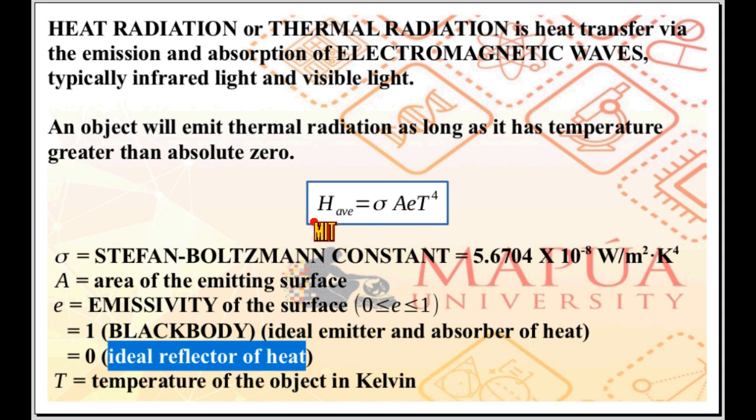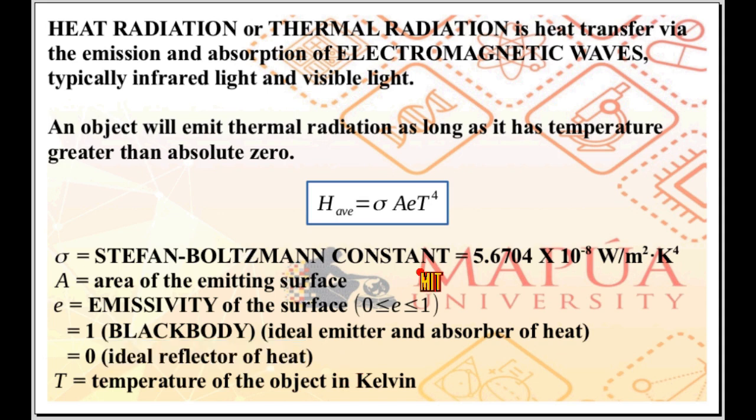The object is not emitting any radiation, and any radiation that is incident on the surface of the object will simply bounce off. Ideal reflector of heat. And T is temperature in Kelvin.